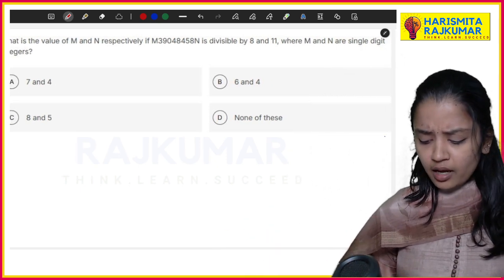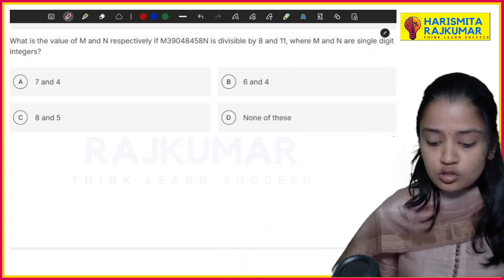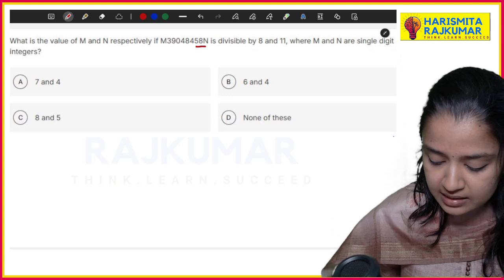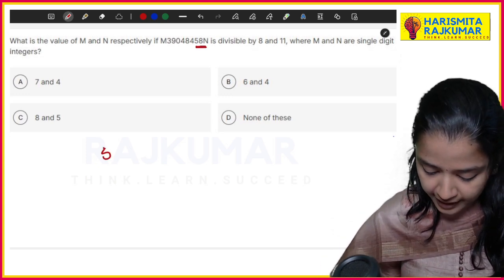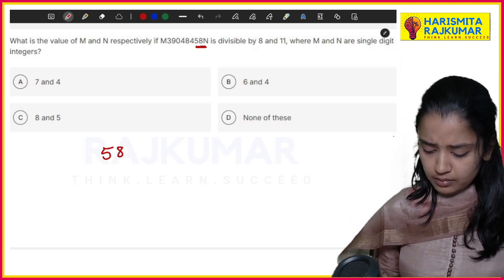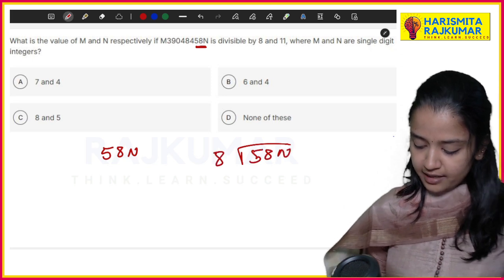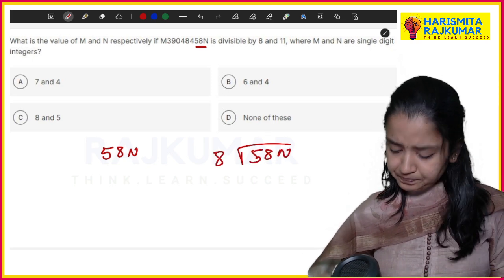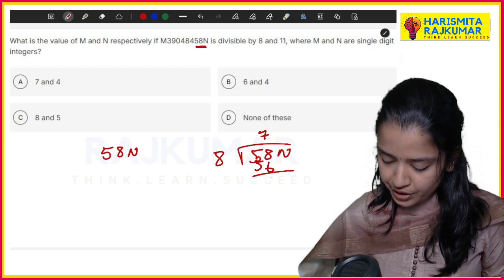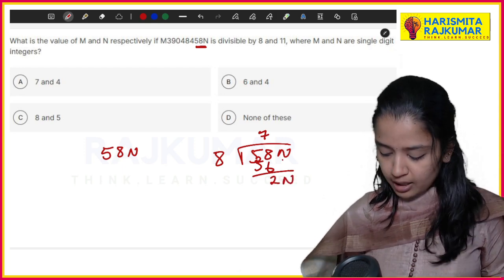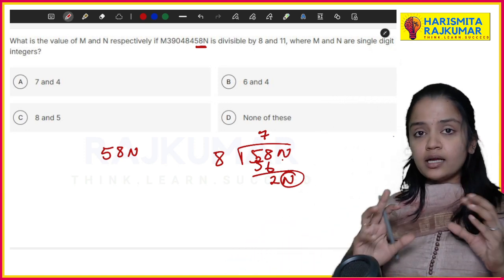So this is given and they ask to find if it is divisible by 8. If it is divisible by 8, we know the last 3 digits should be divisible by 8, right? So 5, 8 and n. Let me divide 58n by 8. 8 sevens are 56. So what should come here?